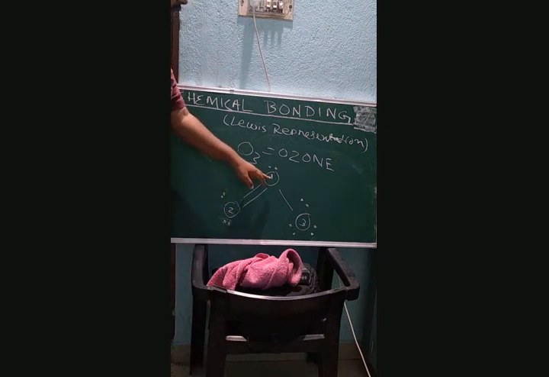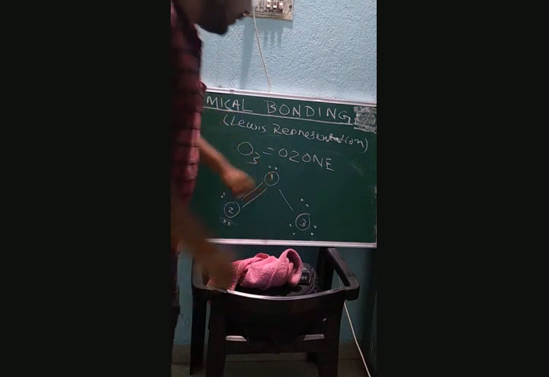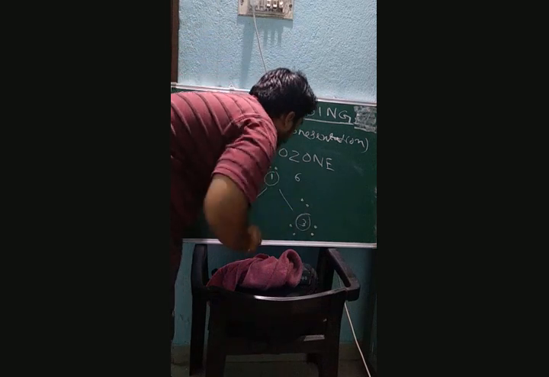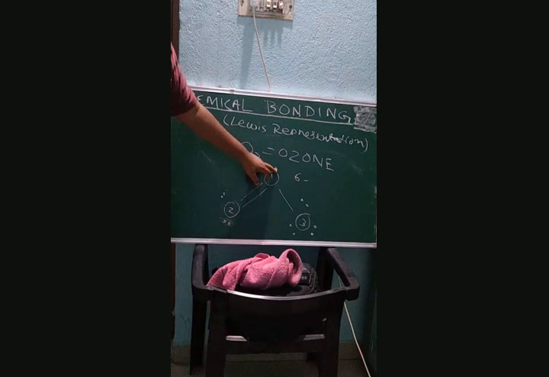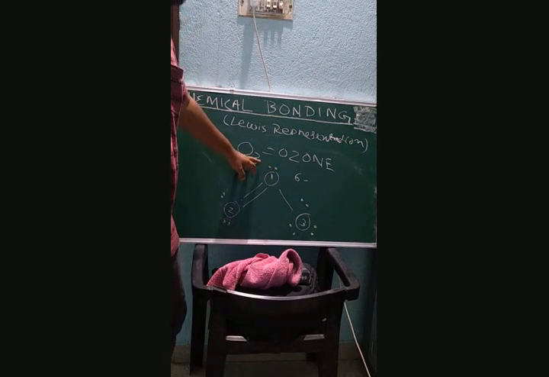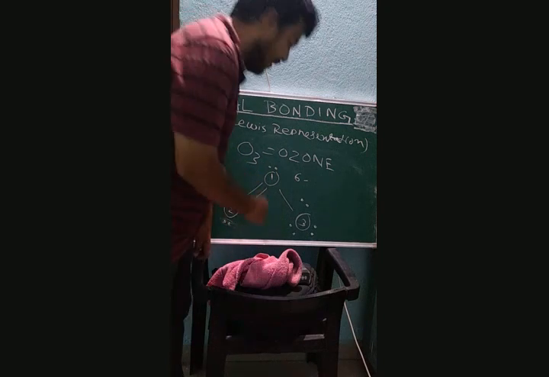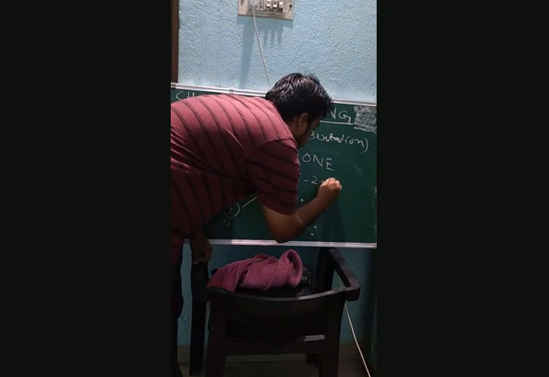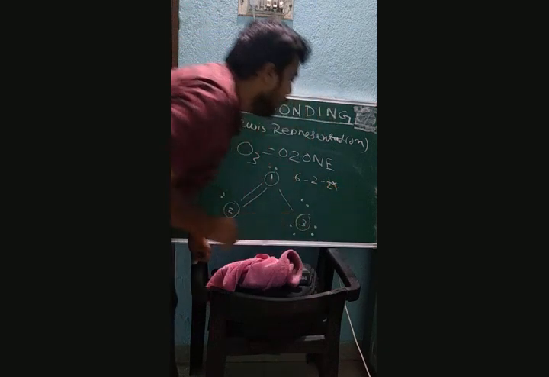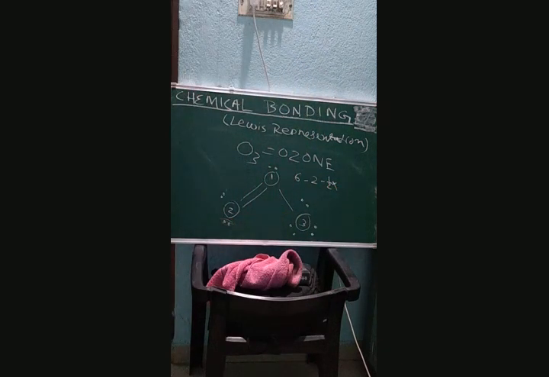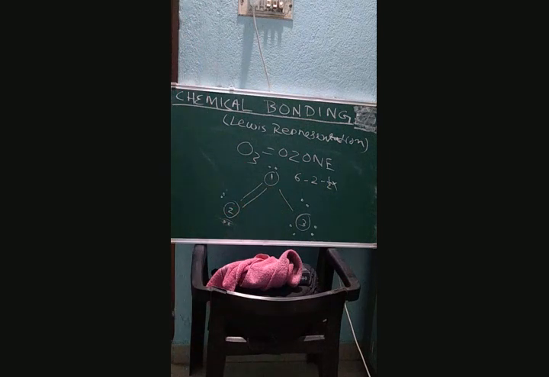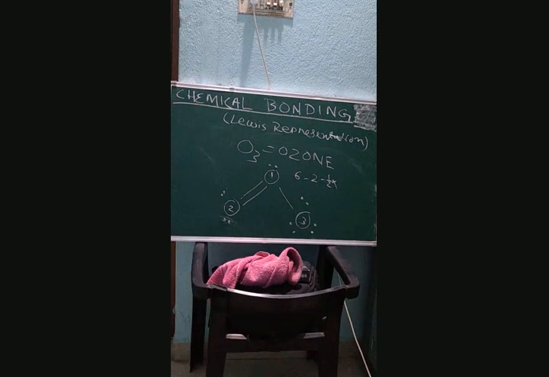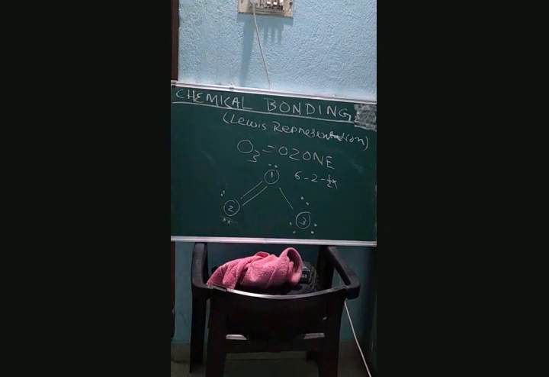So let's consider this first oxygen atom. The number of valence electrons for oxygen is 6, minus the number of lone pair electrons, which is 2. These 2 electrons are not participating in the bond, but all the other electrons are participating. Minus 1 by 2 into the number of shared electrons.